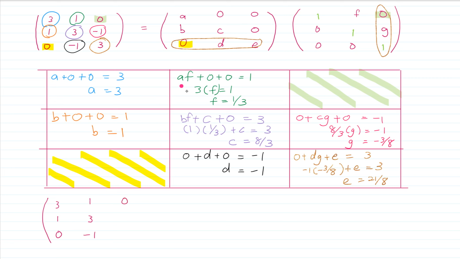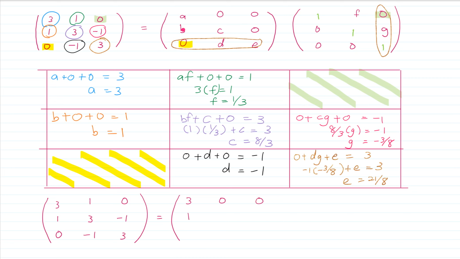Just copy the value of A. Equals, now you replace the values from the table. A equals 3, so 3, 0, 0, 1.